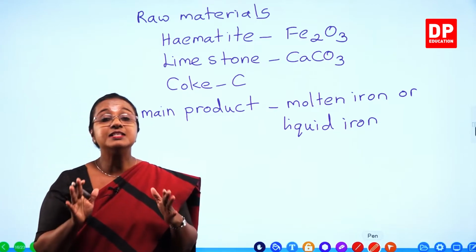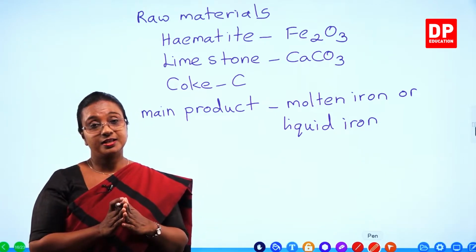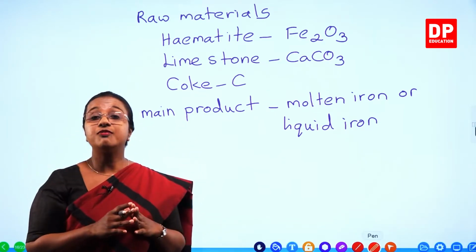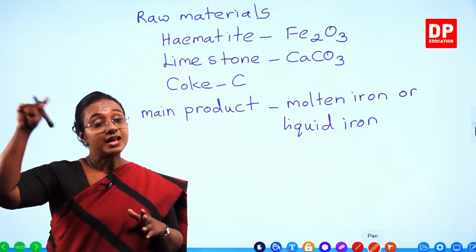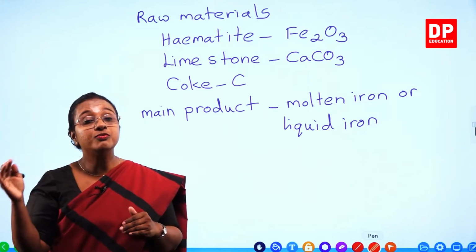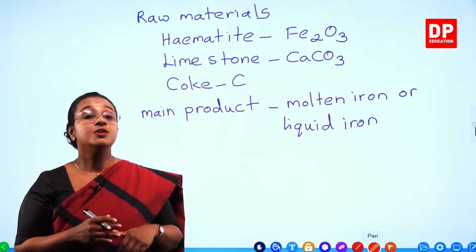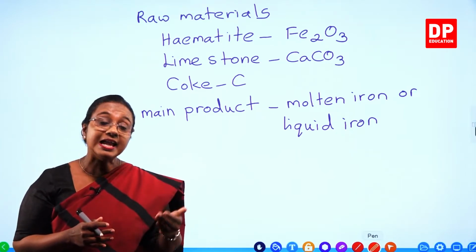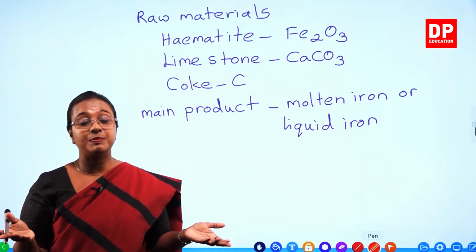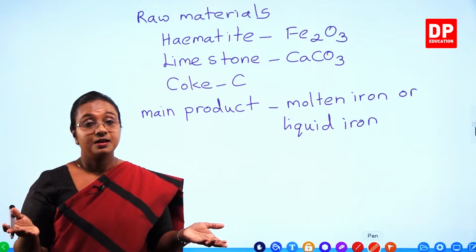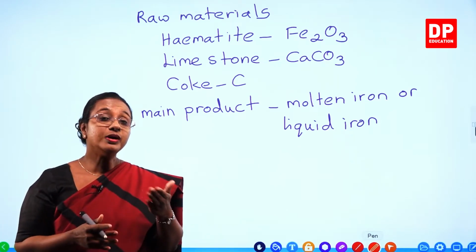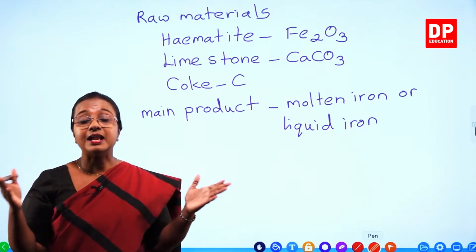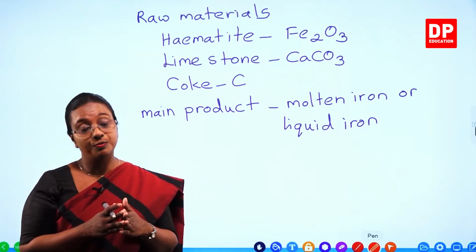But if there is excess carbon dioxide, you can remember the structure of the blast furnace. There are outlets to remove the waste gases. So carbon dioxide and other gases that can be present in the blast furnace due to impurities can be released through those openings.